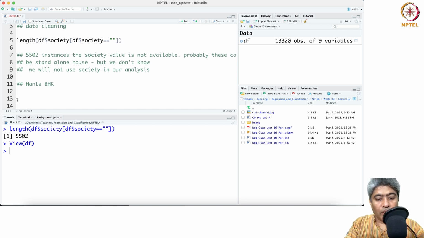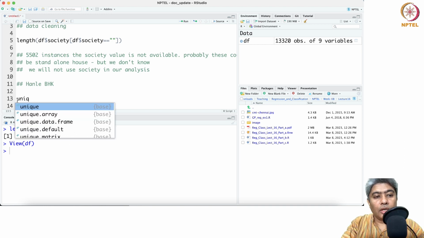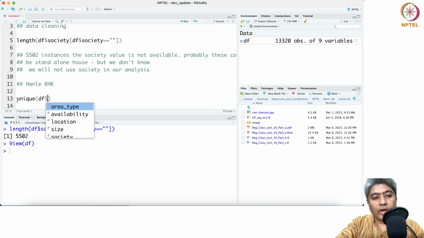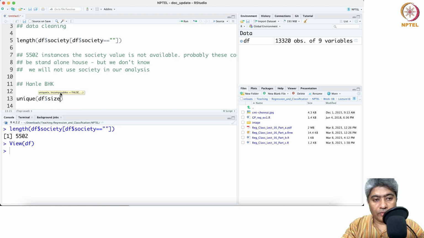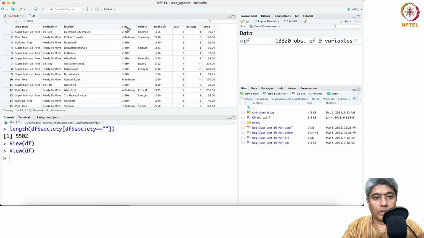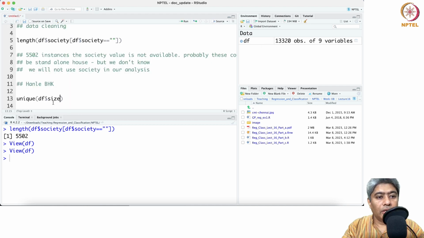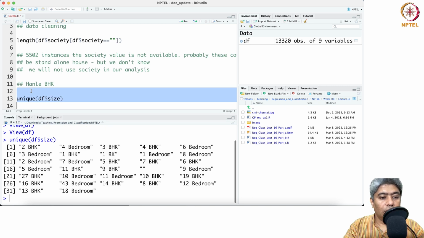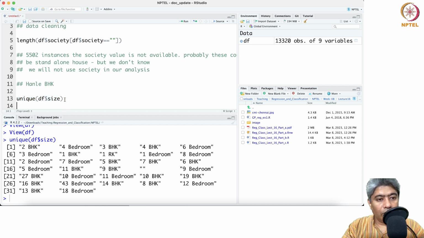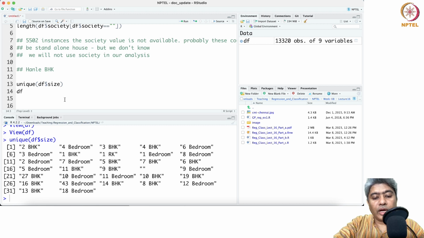First, let us see how many unique BHK values are there. It is written as size, I believe. Okay, yeah, size, correct. So these are the BHK values. Now, as we did in Python, we will create another column called BHK equal to NA first.